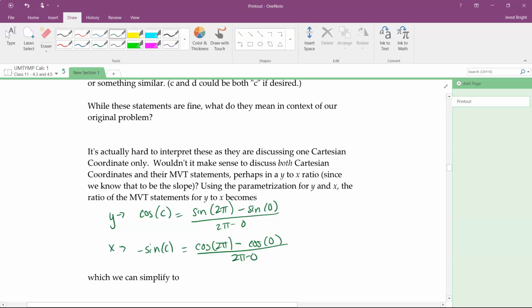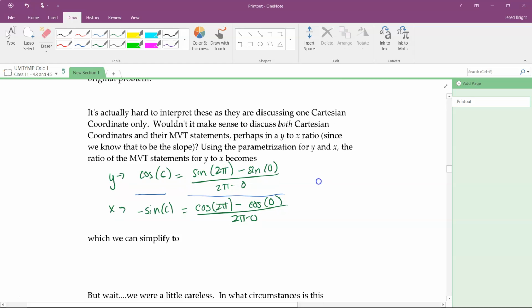Okay, and if I'm interested in how y changes with respect to x, let's just insert a division. I know these things are equal, so let's divide them. I can divide the equation on both sides by an equal amount. So there we have equal amounts.